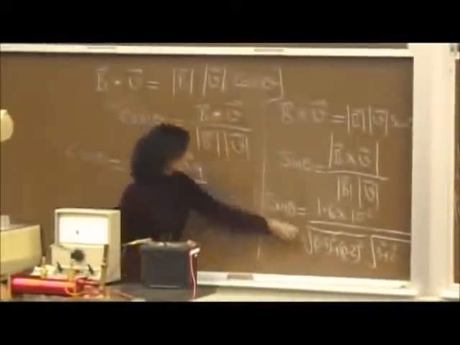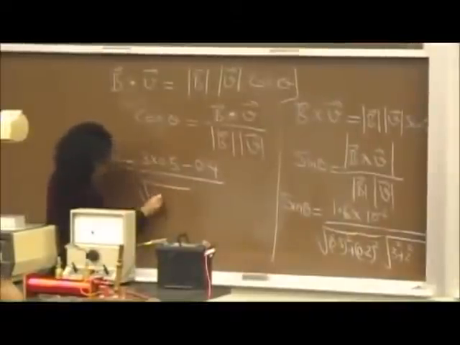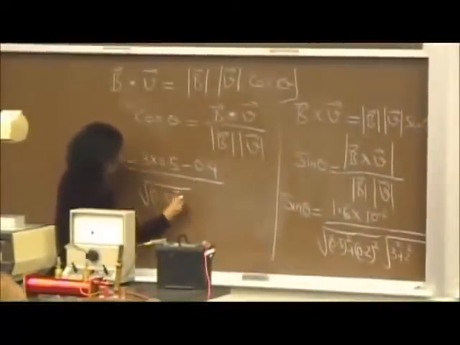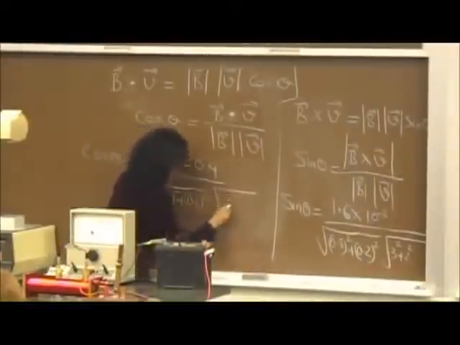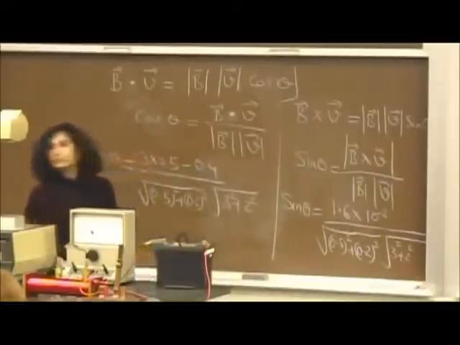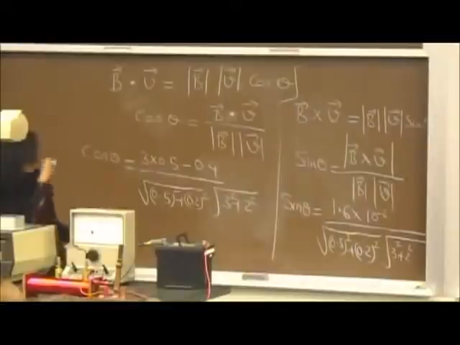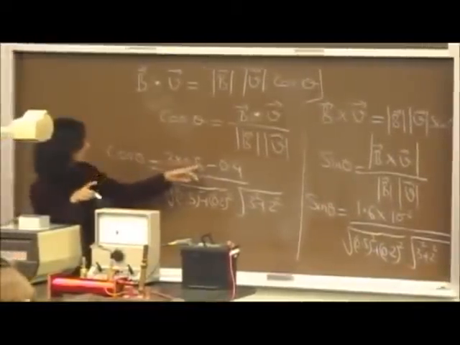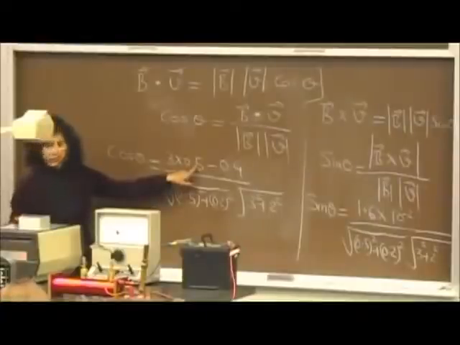So the denominator for this is exactly the same as here, which is going to be the square root of 0.5 square plus 0.2 square, times the square root of 3 square plus 2 square, right? Is everybody with me? What is the numerator here? 3 times 0.5 is how much? 1.5.